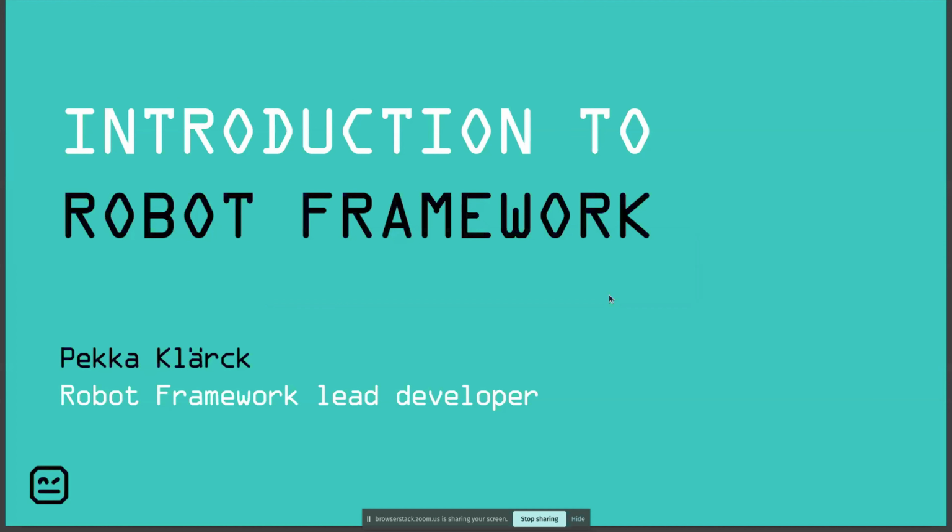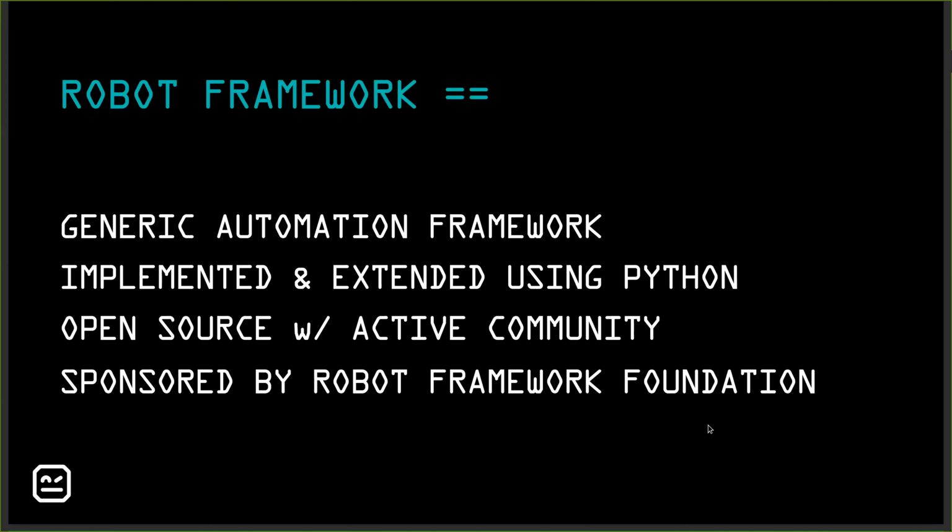But in these presentations I'm going to concentrate only on the testing. So Robot Framework is a generic automation framework, meaning that you can test basically any kind of applications with it, not only web, and also it's not only a test automation framework, it's also a framework that you can use for other kind of automation.